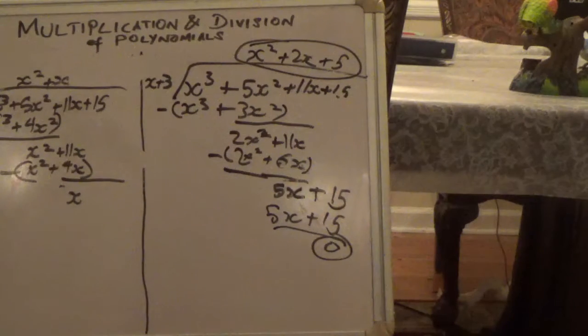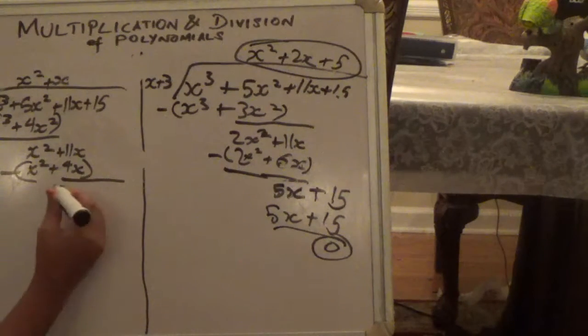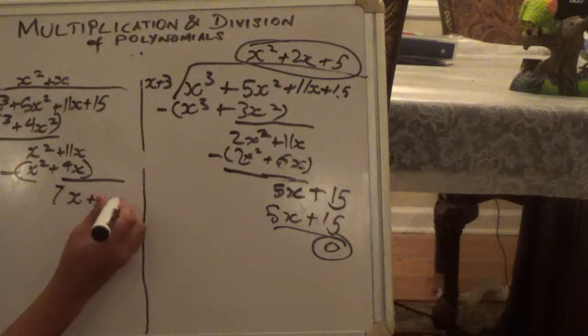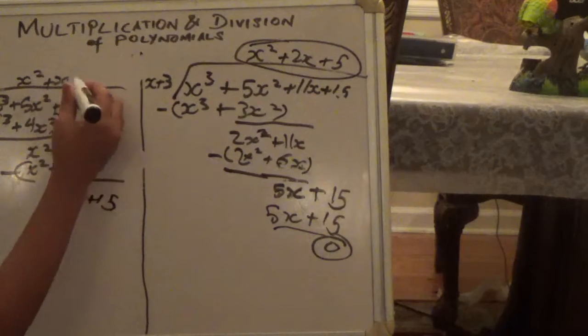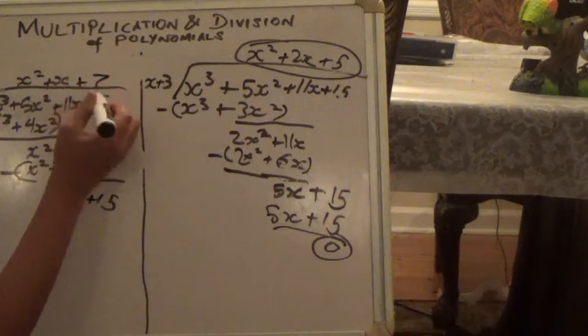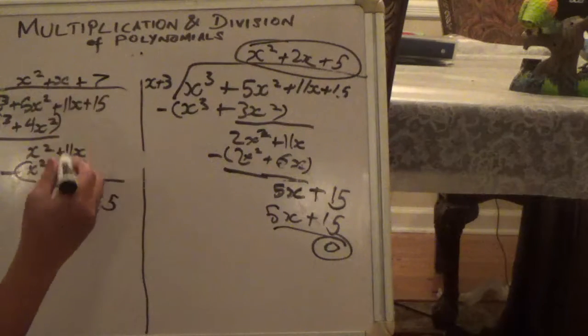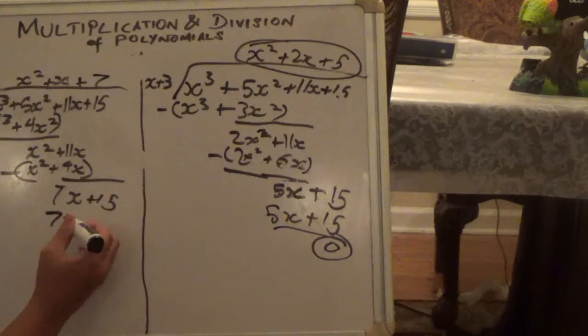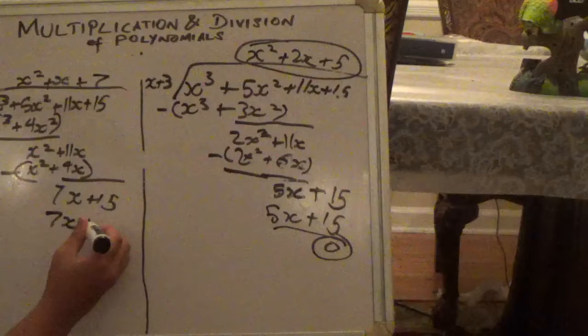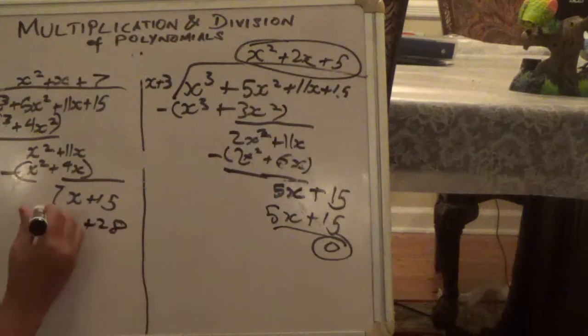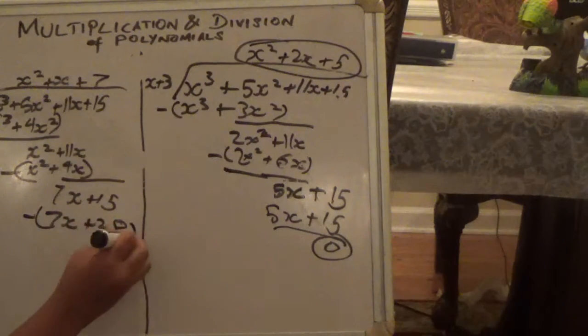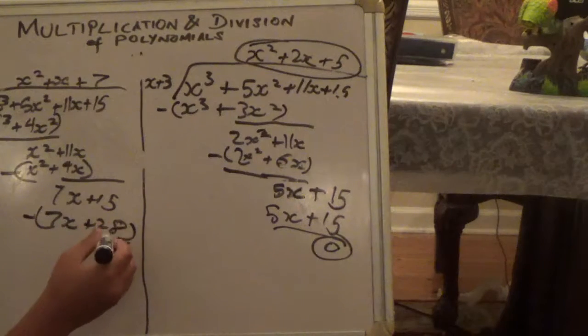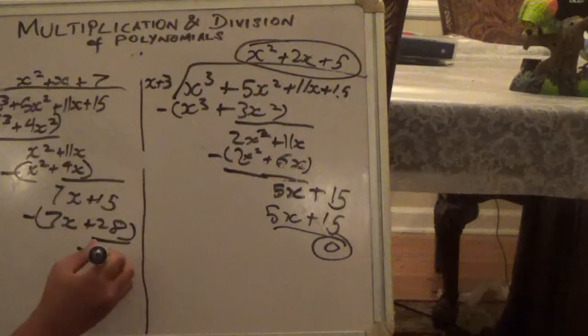Okay. 7x plus 15. Okay, so you add 7, because 7 times x is 7x, plus 28, subtract, and you end up with negative 13.